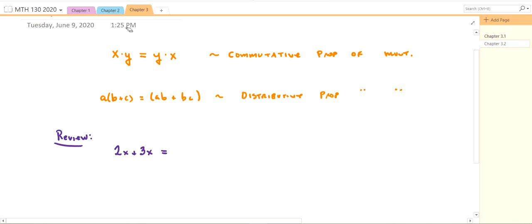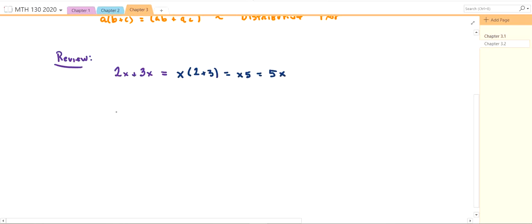Oops, wrote this wrong. It's ab plus ac. So I could pull out x. X is like a here. So I could go x times (2 plus 3) equals x times 5. And usually you put the constant first: 5x.